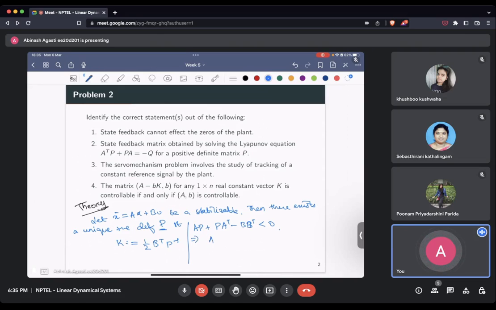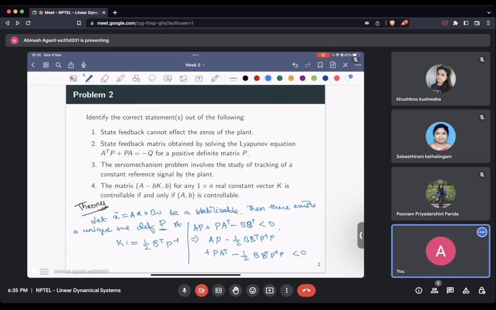I'll take this as AP minus half BB transpose P inverse into P, plus PA transpose minus half P, so this is BB transpose P inverse P. This is also the same thing. This is less than 0. Okay, clear till this point?